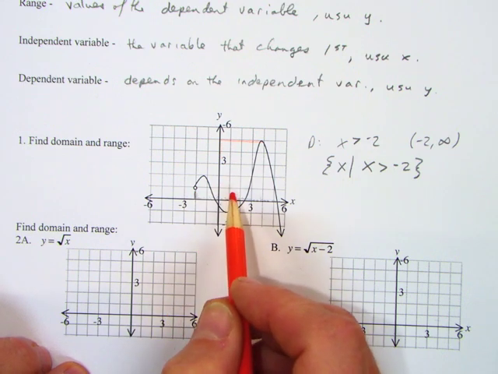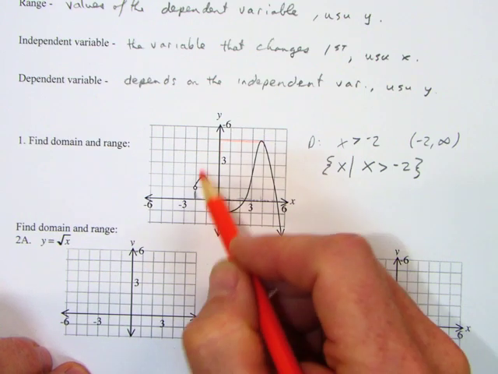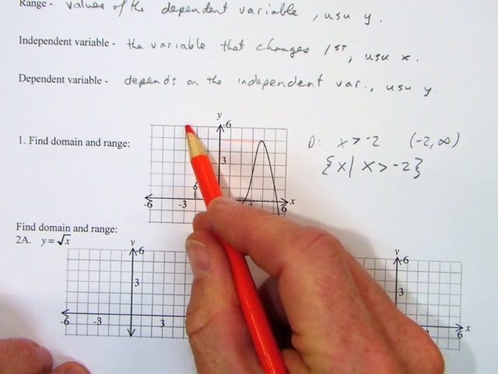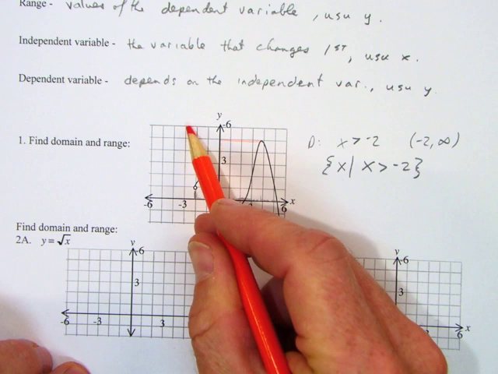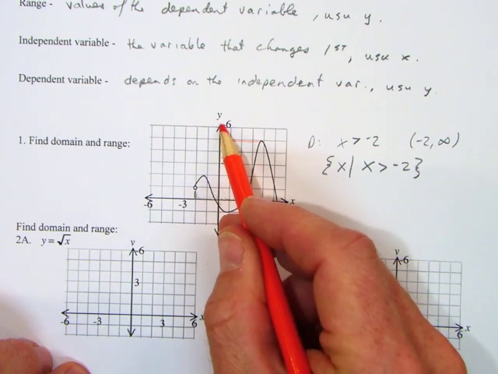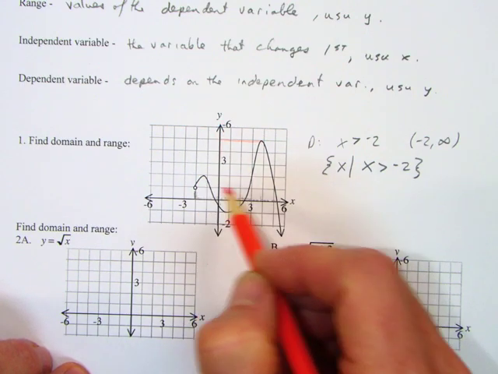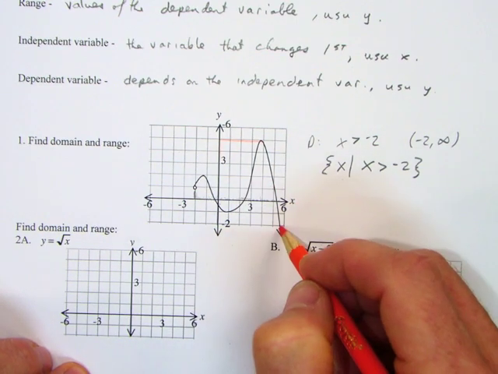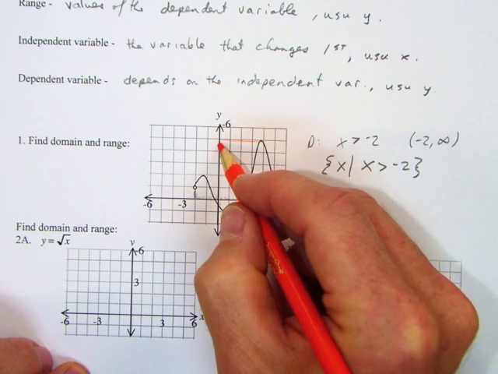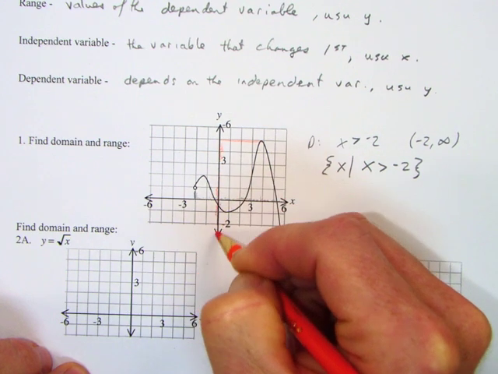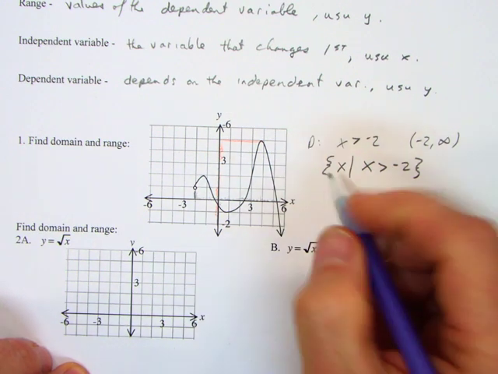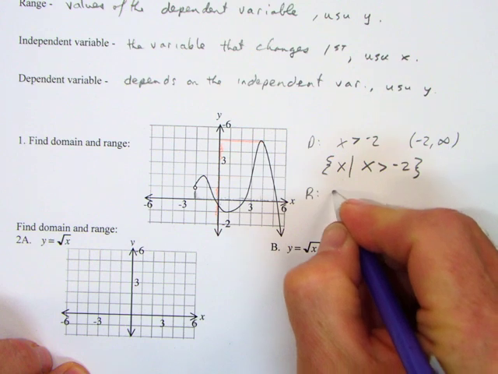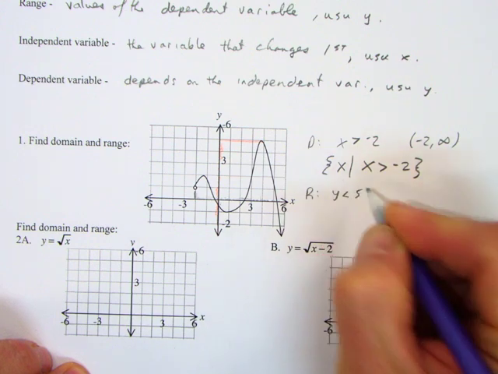And so it depends on how the problem is set up. If this hole was perhaps up here, then we wouldn't have, for example, let's say 6. But in this case, we do have a value at 1. Now again, this arrow meaning going down, we're going to have all of those values. So our range will be y is less than 5.